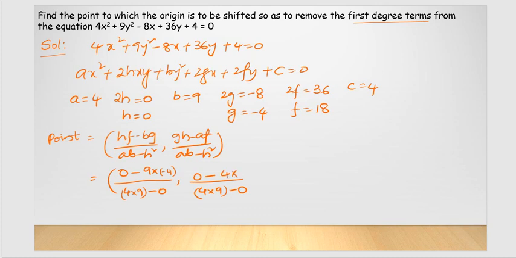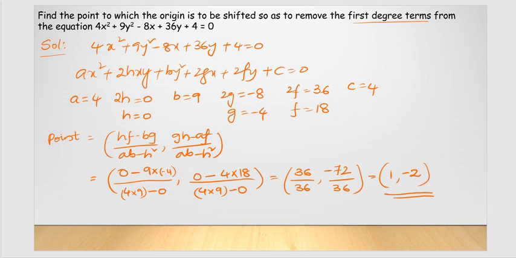Next, a is 4 into the f value 18. Here there is no use of c, right? Now what am I going to get? 0 minus 9 into −4 minus 36, so minus of −36 is plus 36, divided by 36, comma, 18 fours are, which is nothing but, −72 divided by 9 fours are 36. Now on simplification what I am going to get? 1 comma −2.